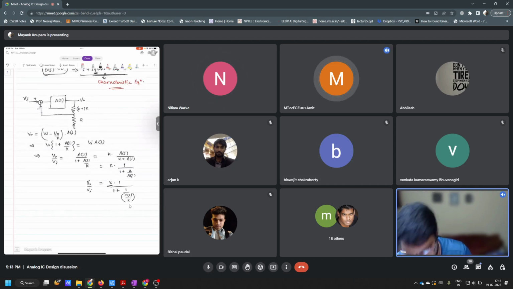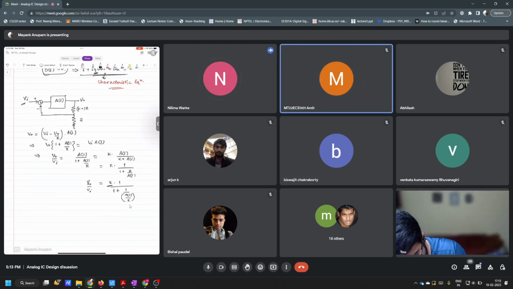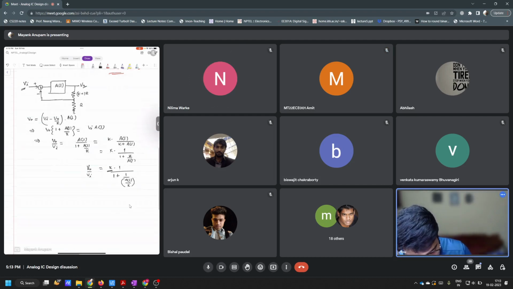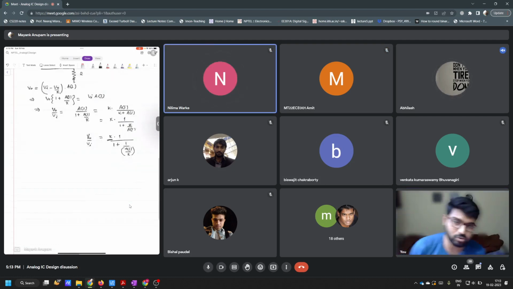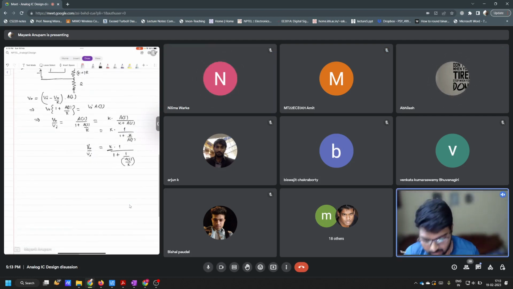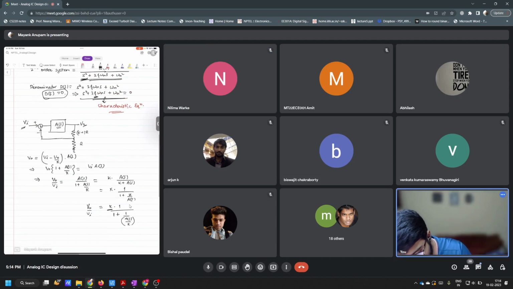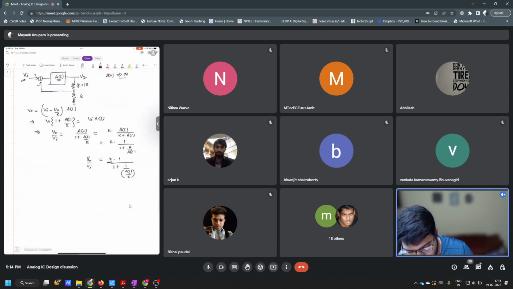K is the DC gain from input to output, right? So at DC, S is equal to 0. K is supposed to be the DC gain, right? If the gain A of 0 were infinite, what is V naught by Vi at S is equal to 0?